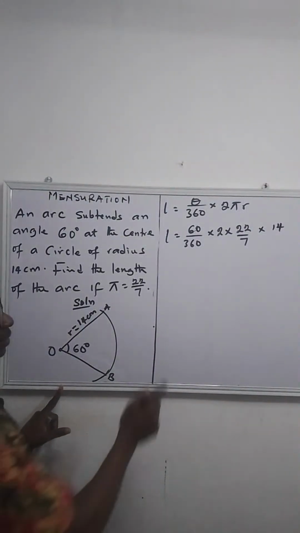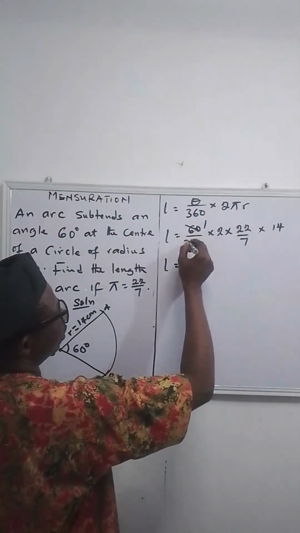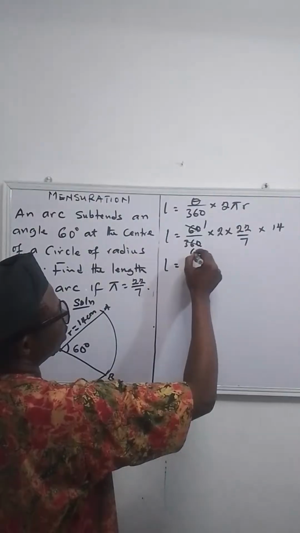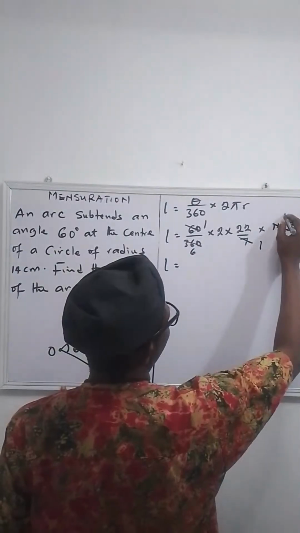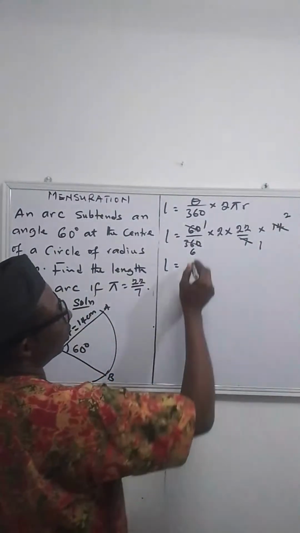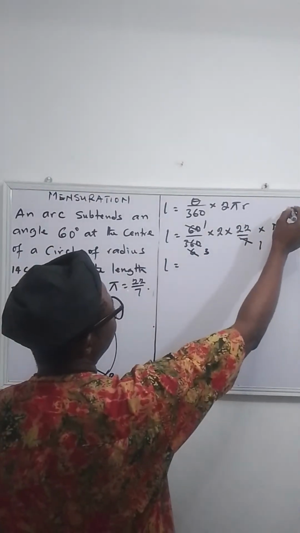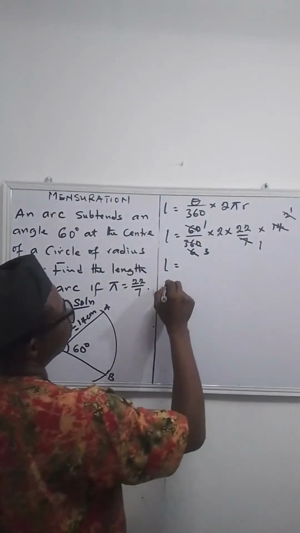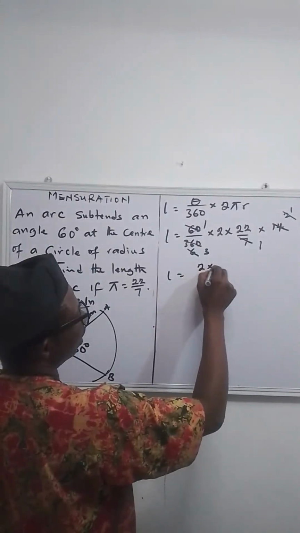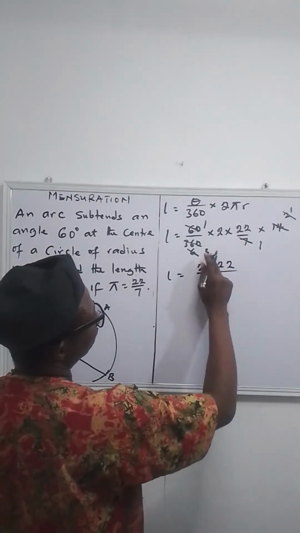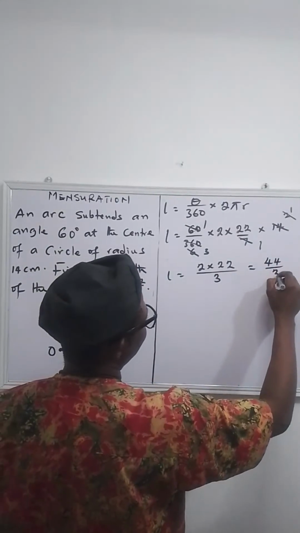Can we simplify this? 60 goes into 60 once, and into 360 six times. 7 goes into 7 once, and into 14 twice. Here 2 goes into 2 once, and we are left with L equals 2 times 22 over 3 times 1, which is the same thing as 44 over 3.